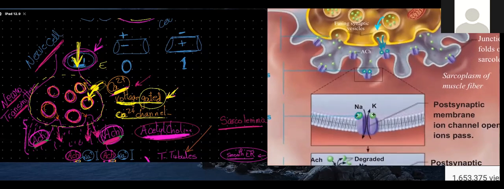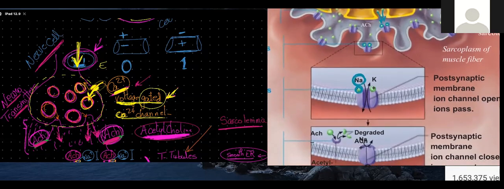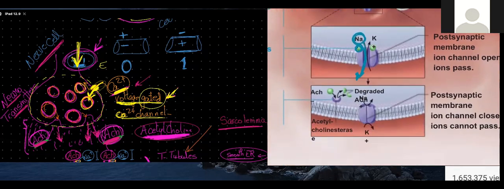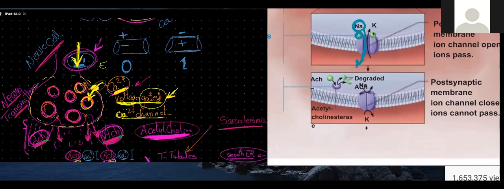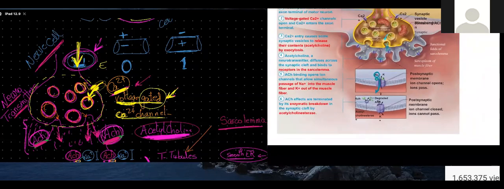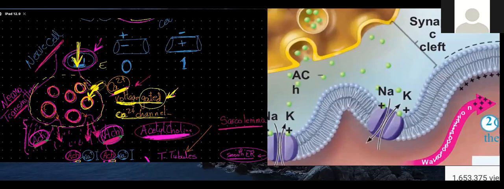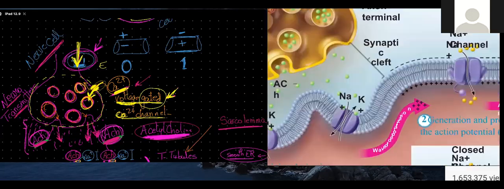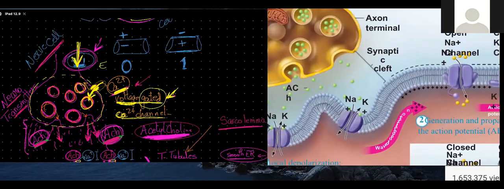Once the acetylcholine binds to its receptor, it's going to open channels associated with it to allow the influx of sodium into the cell. Once the sodium passes to the inside of the cell membrane, now I will be creating a state of depolarization.